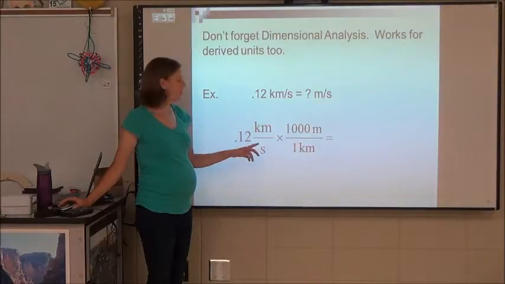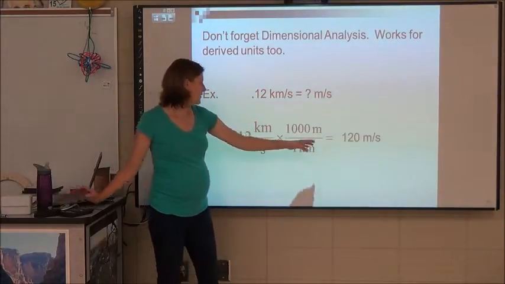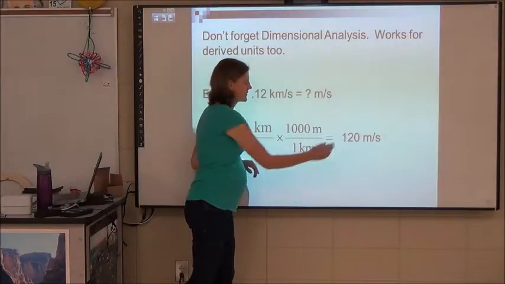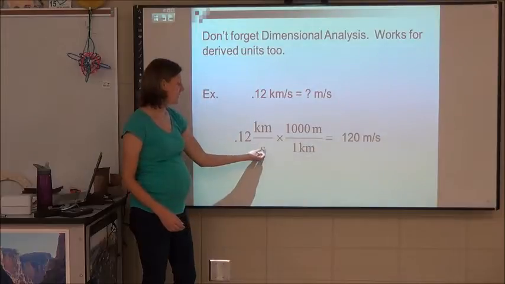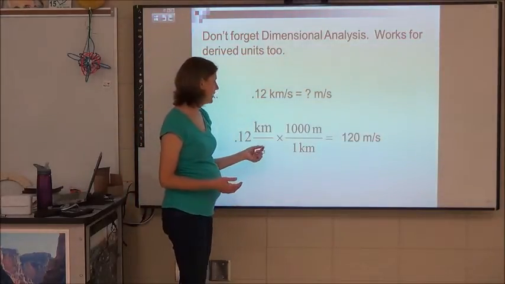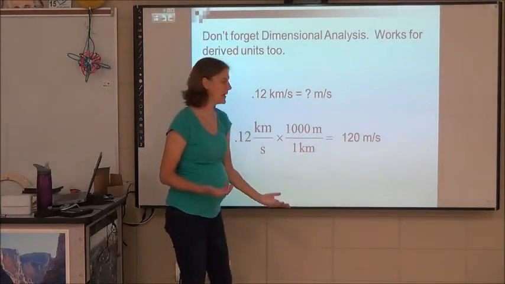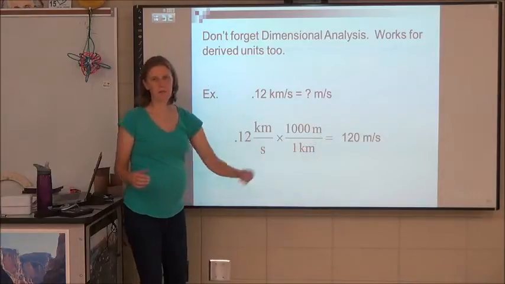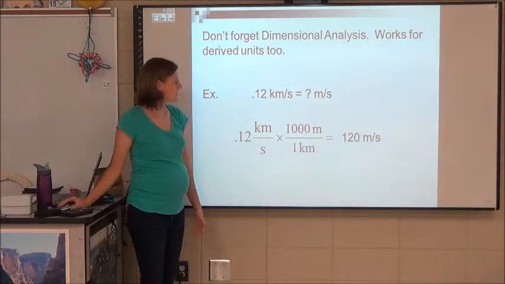You don't even need to worry about the seconds; that will just carry through. So your kilometers cancel, leaving meters per second. You could add in more fractions as needed if, for instance, you wanted to make seconds into minutes: 60 seconds on the top, 1 minute on the bottom. But most likely we would be going into our standard metric units of 120 meters per second.